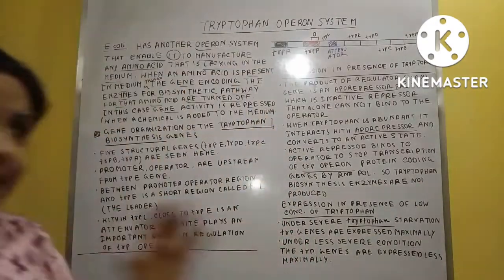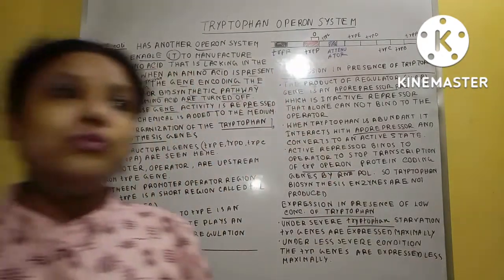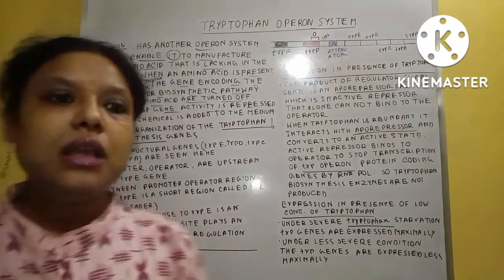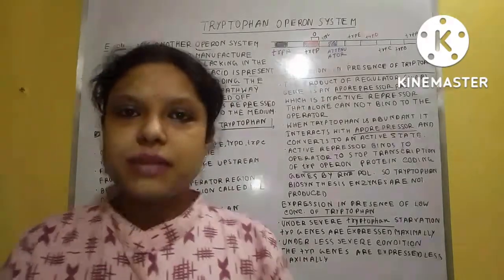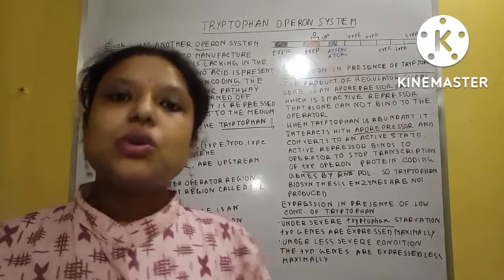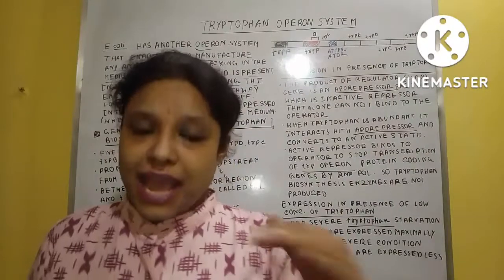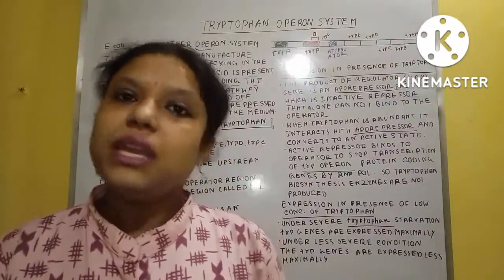That's why this system is very important for the E. coli, because we cannot add any chemical to the medium. So E. coli must have a system that tries to produce the amino acid that is absent in the medium, and which is very important for the growth and reproduction of the E. coli.